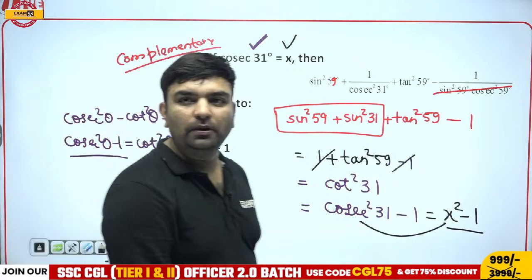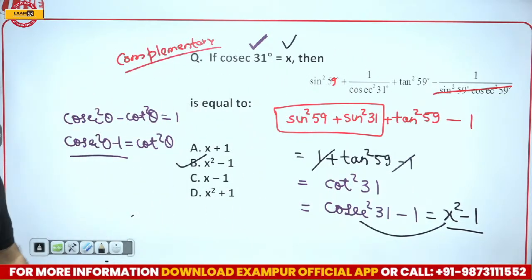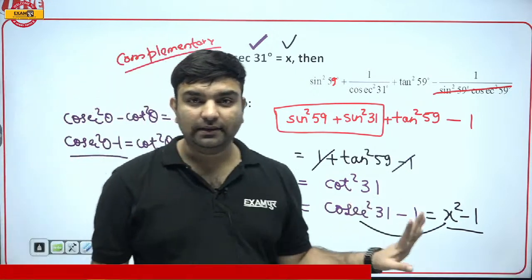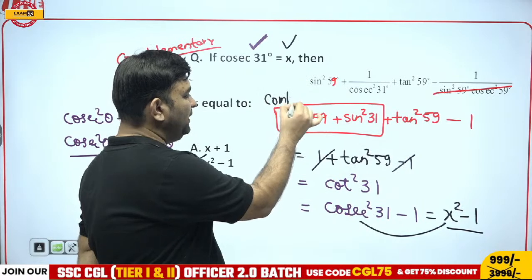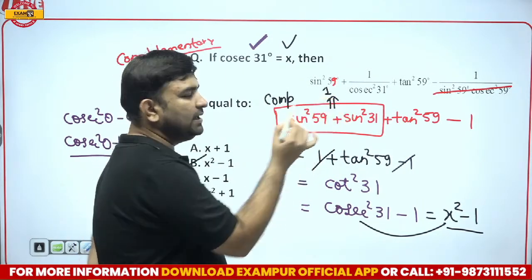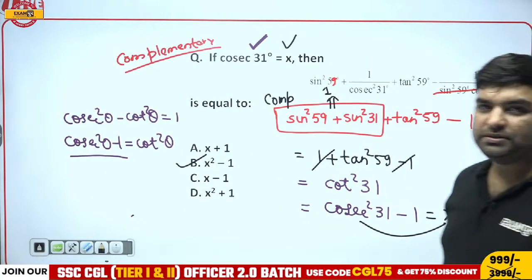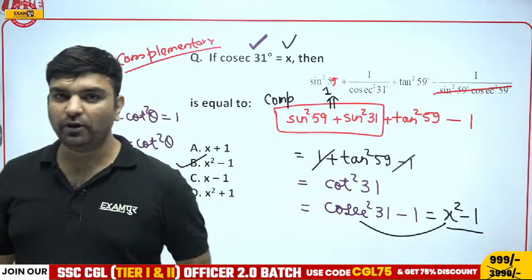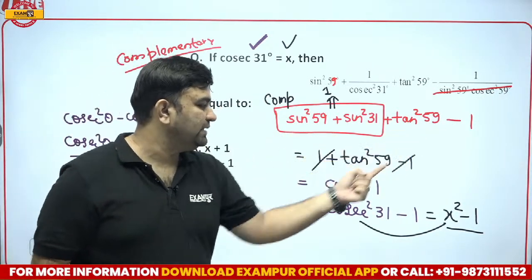Very, very good problem, guys. Clear? All things clear? From complementary relations, sin square a plus sin square b is 1 if angles are complementary. This is 1, cancel out.